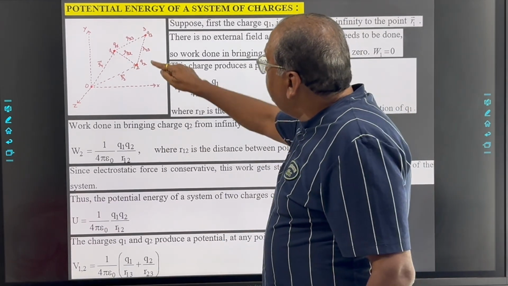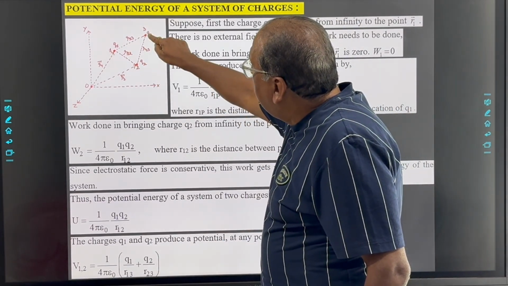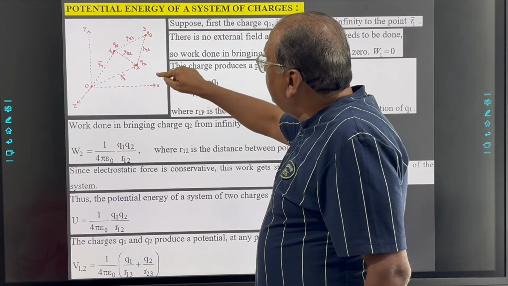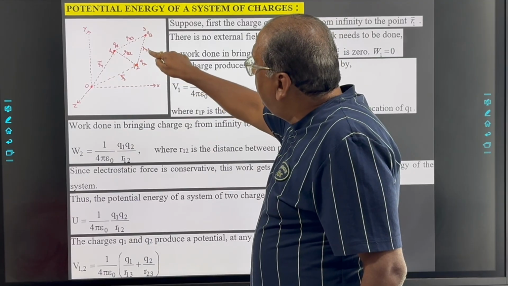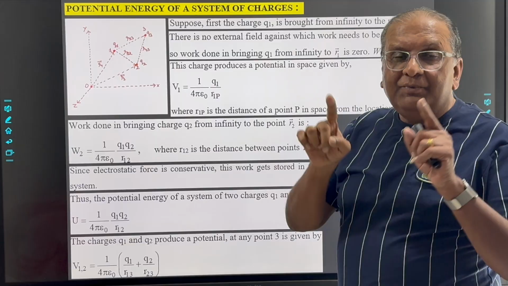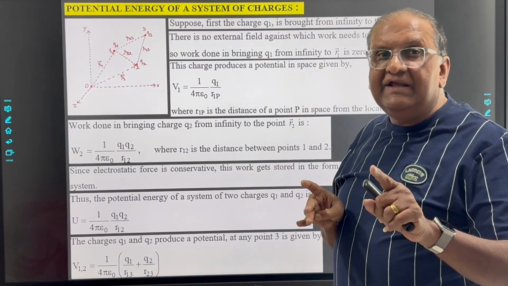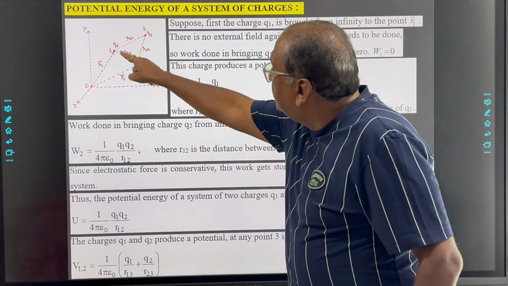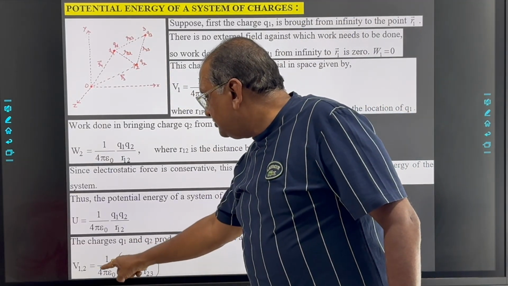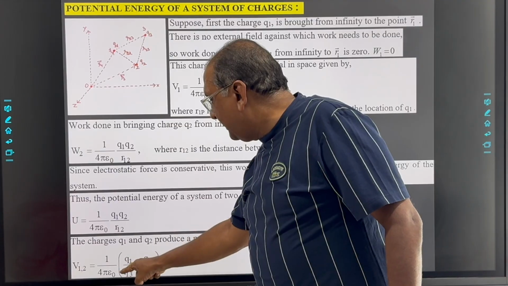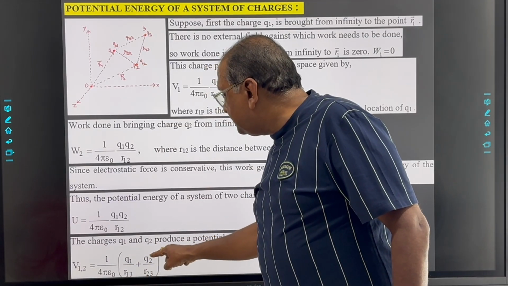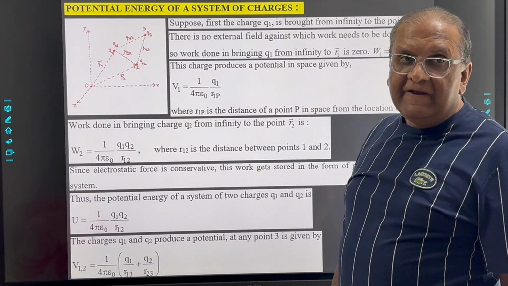Similarly, the potential of charge Q2 at 3 is 1 upon 4 pi epsilon 0 Q2 upon R23. So we can say the resultant potential at point 3 due to charge Q1 and charge Q2 is V12 equal to 1 upon 4 pi epsilon 0 into Q1 upon R13 plus Q2 upon R23.